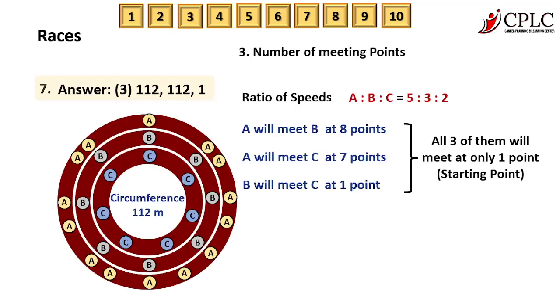So these are the ways in which you can do circular races. Two players, three players, same direction, opposite direction. Going forward, you should be able to solve such kind of questions. Okay, so that's the whole idea behind it.